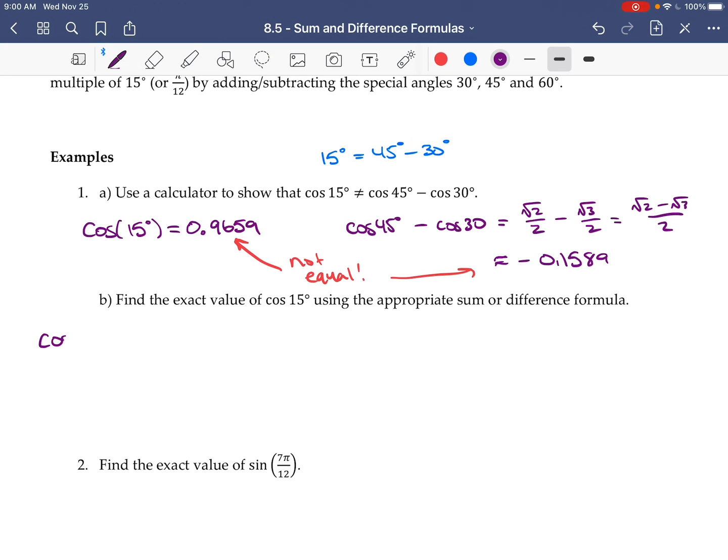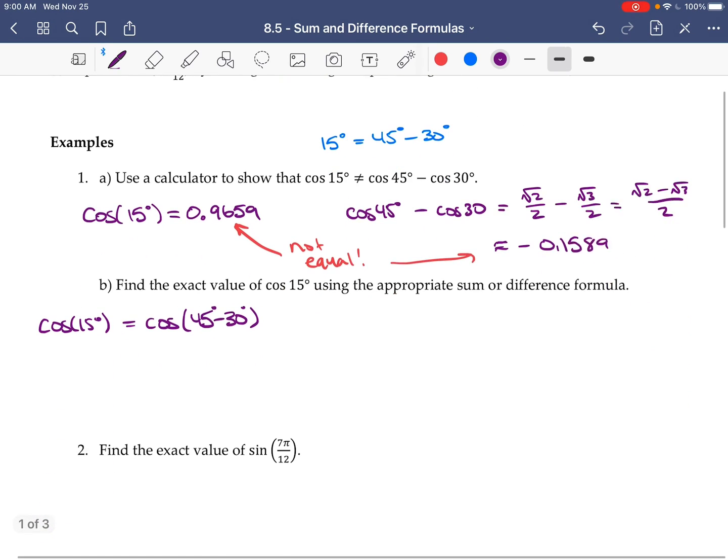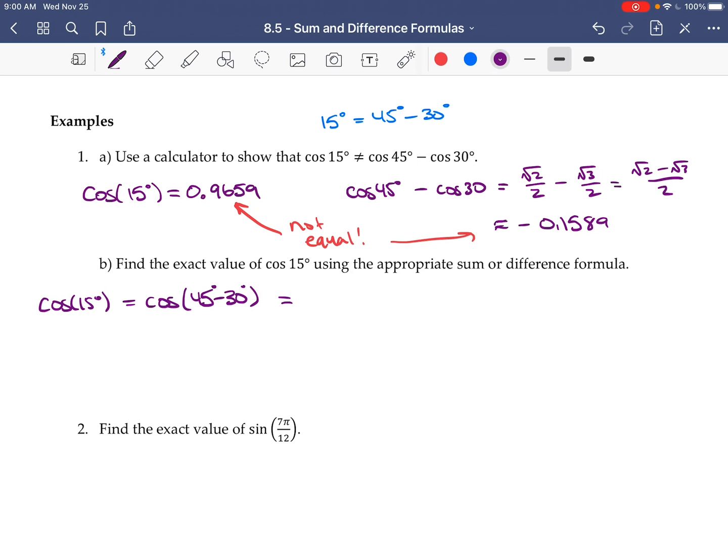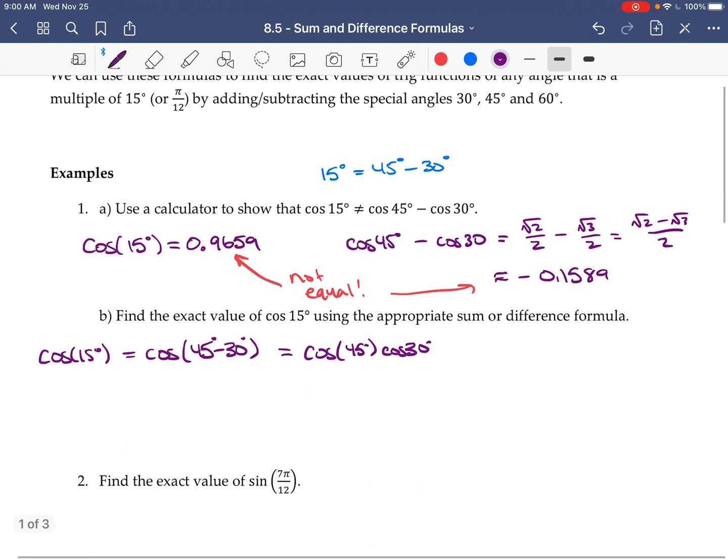So we know that cos of 15 degrees would be equal to cos of 45 minus 30, because 15 is equal to 45 minus 30. Now I want to use the cosine identity. So this is going to be cosine of 45 degrees times cosine of 30 degrees, and then I change the sign.